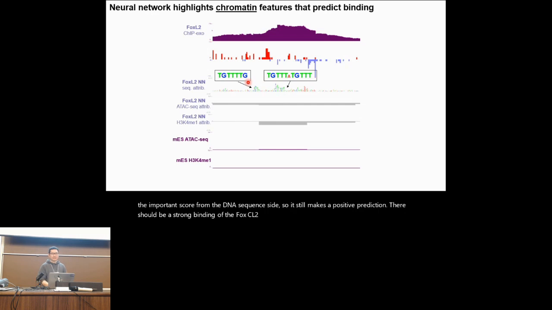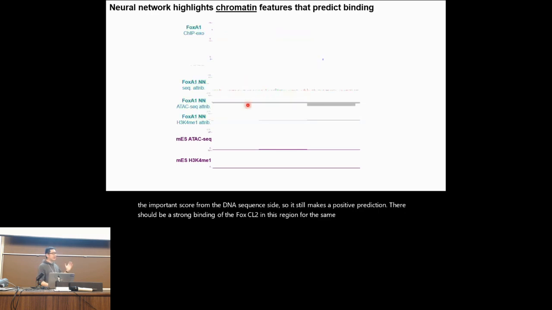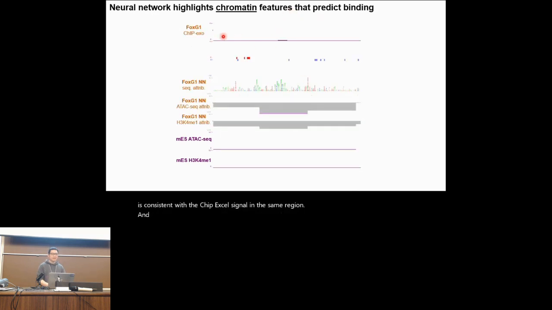For the same region, for FOXA1, the model doesn't recognize any important sequence attribution. On the chromatin side, there's also no positive contribution. So the model knows there's no FOXA1 binding here, which is consistent with the ChIP-seq signal in the same region. Finally, FOXG1 doesn't have binding in this region.